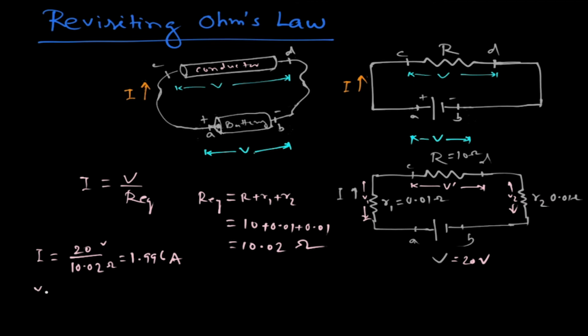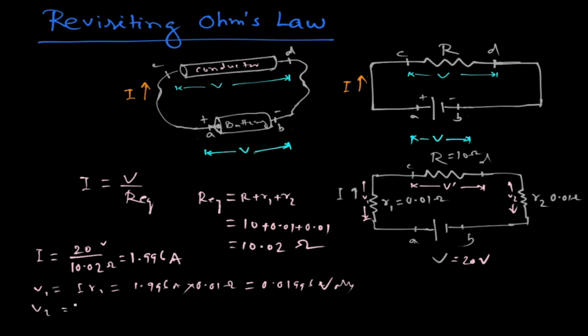V1 is equal to I times R1, that is equal to 1.996 ampere times 0.01 ohm. How much do we get? That is equal to 0.01996 volts.